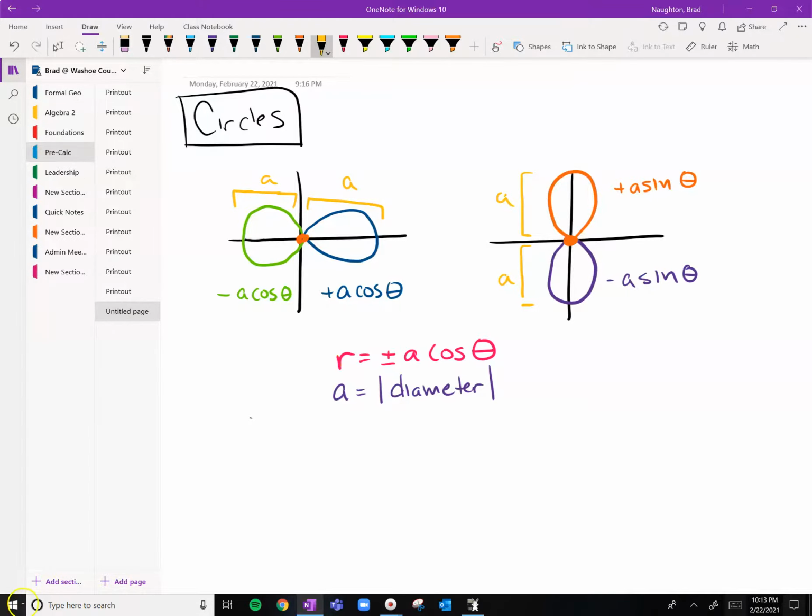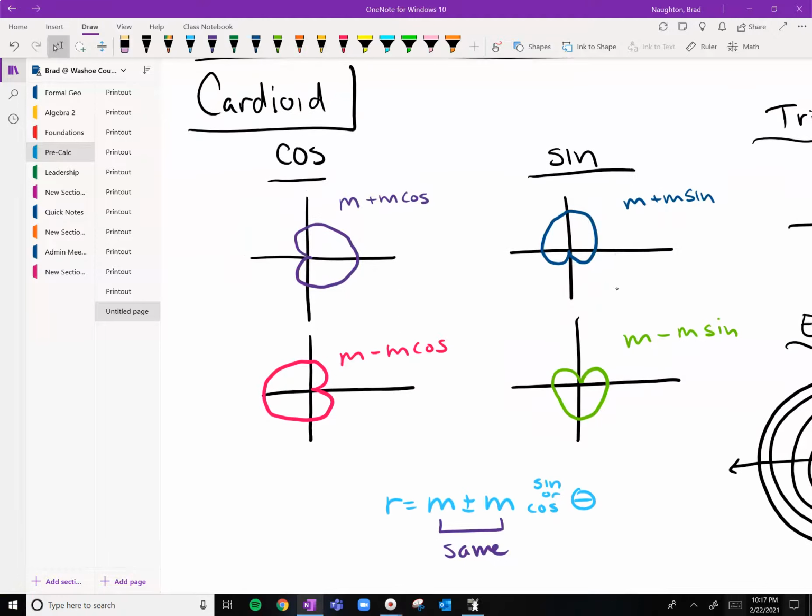All right. Moving on to the next one. With the next shape, we kind of summed it up here with the idea that your cardioid is going to be some sort of almost heart-looking figure. If it's cosine, remember, it's going to go either left or right. Sine is going to be up or down. If it's a plus sign, notice the tip is pointing to the right.